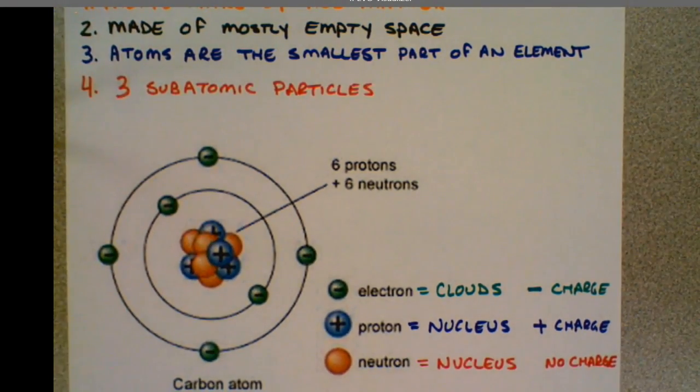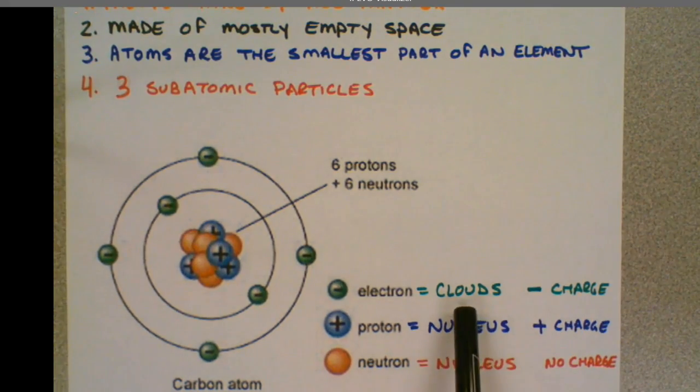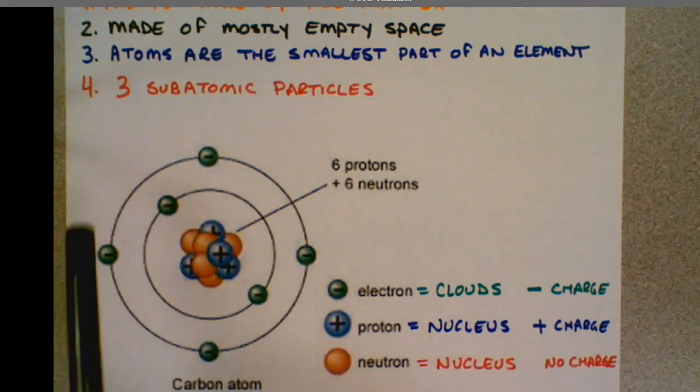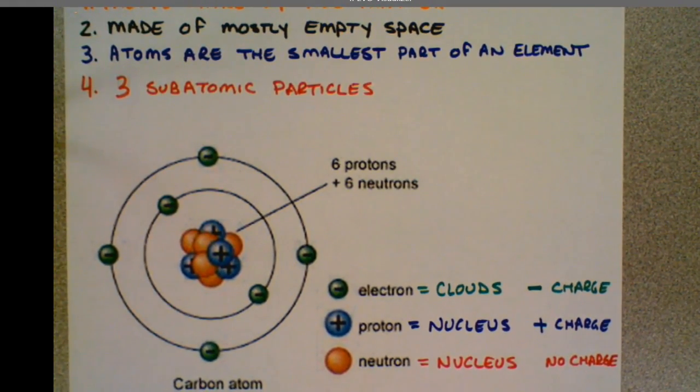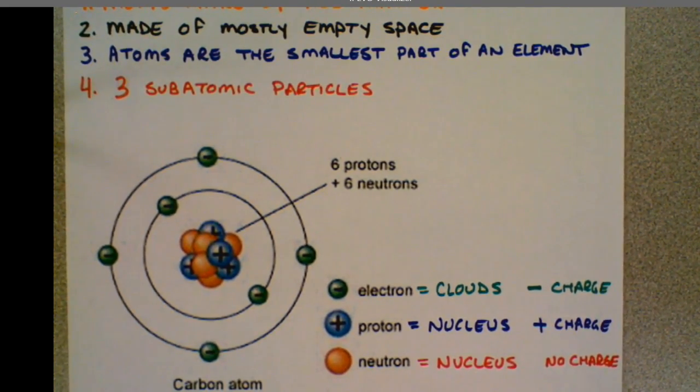So we have these 3 subatomic particles that are making up the atom, and 2 of them, protons and neutrons, are in the nucleus. 1 of them are in clouds, or sometimes they call them shells, around the nucleus. So just make sure you're familiar with the 3 different types of subatomic particles.